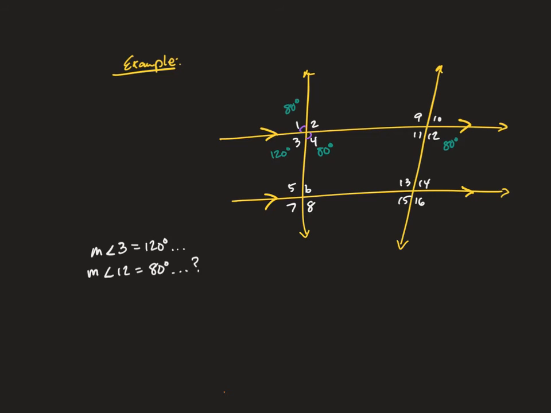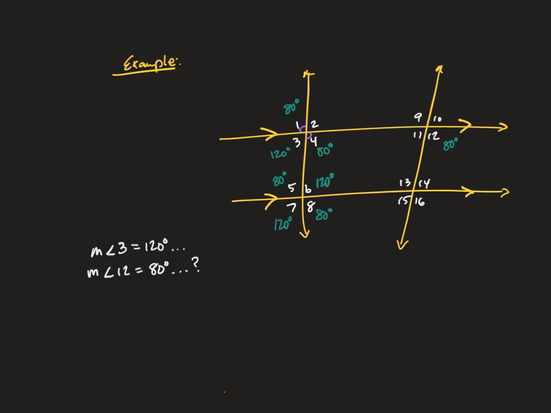I know that in this case angle 1 and angle 5 are corresponding angles, and corresponding angles of parallels cut by a transversal are going to be congruent, so I know that angle 5 is going to be 80 degrees. Well, if I know that, then I know this is going to be 80 degrees, and then of course my linear pair to those, angle 7 and angle 6, is going to be 120 degrees.